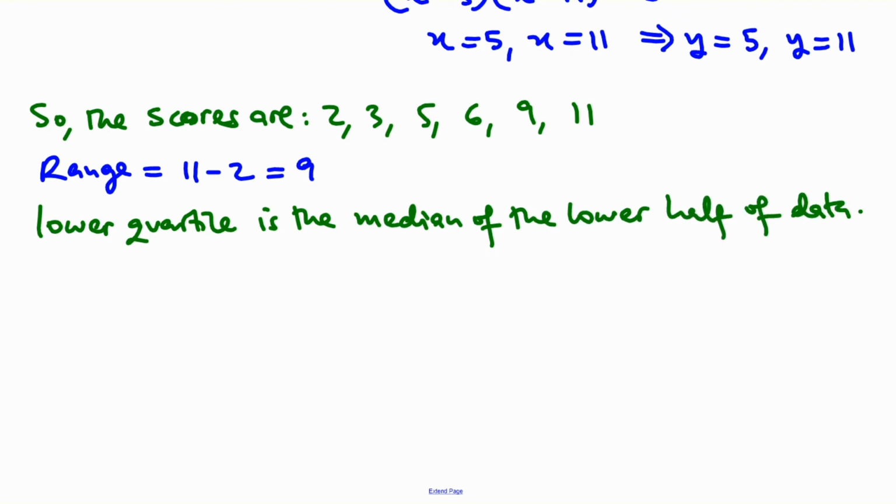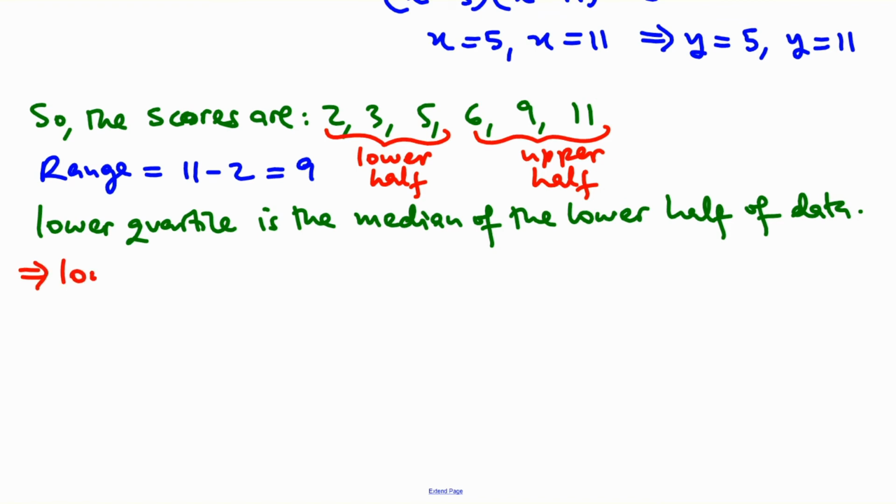What I mean by lower half here is this is the lower half and this is the upper half. So you can see here that the lower quartile is basically the median of the lower half, which is 3.